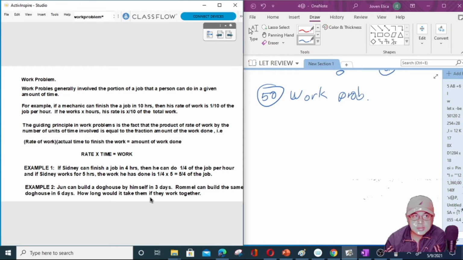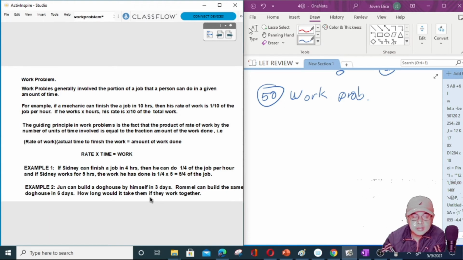Sometimes person A is faster than person B. So in that kind of problem, we will be asked to find how fast the other person is working on the given task or job. So those are the common problems.